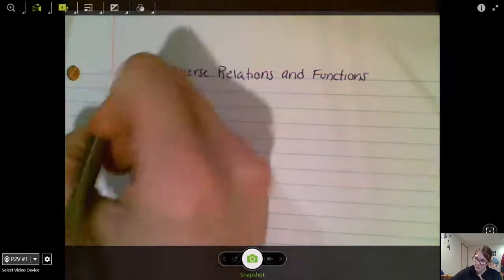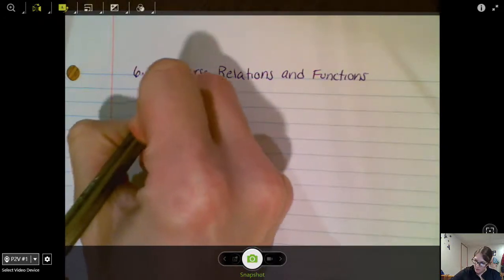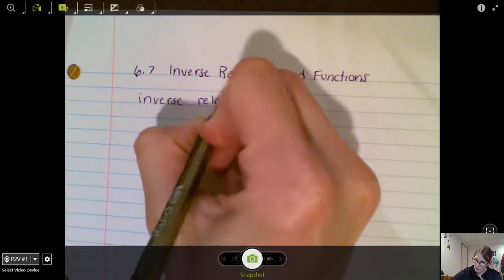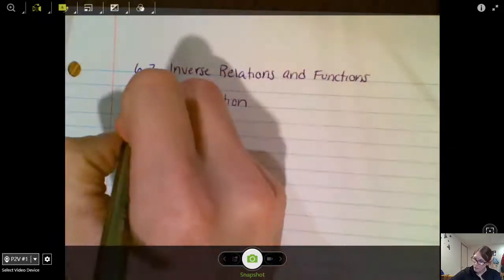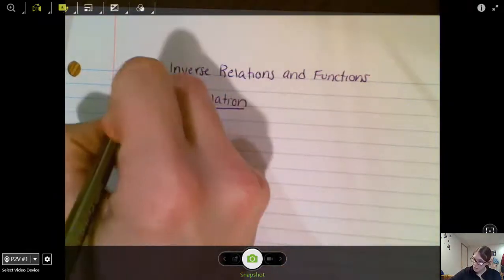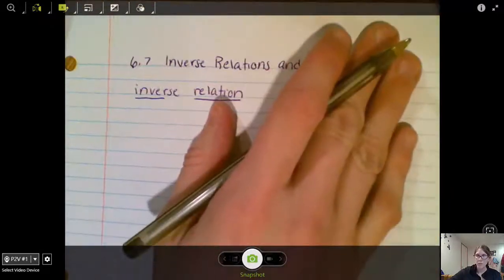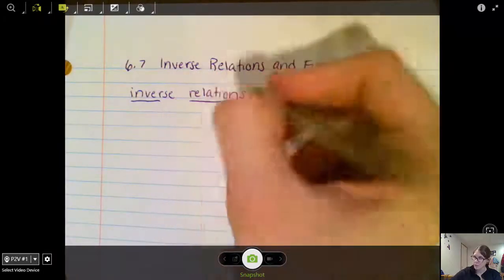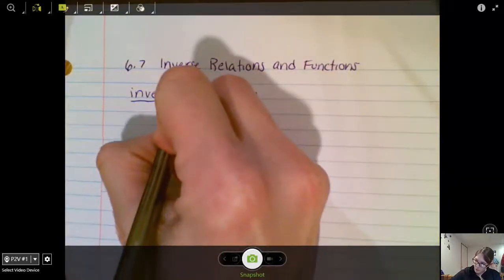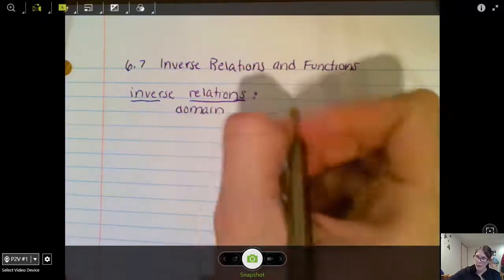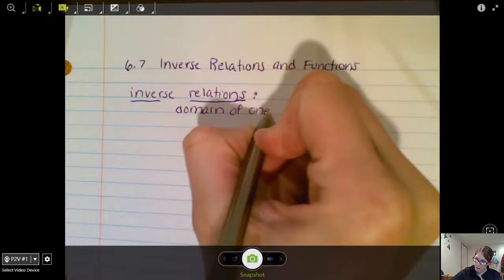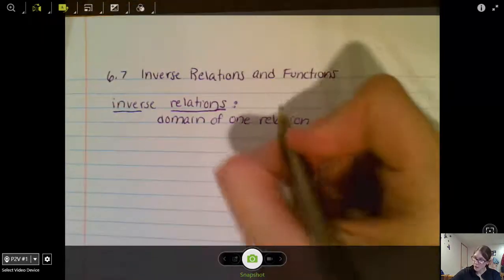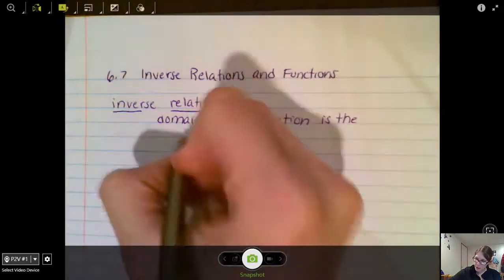But by definition, with inverse relations, plural, the domain of one relation, and we could be talking about a relationship or a function in general, the domain of one relation is the range of the other.